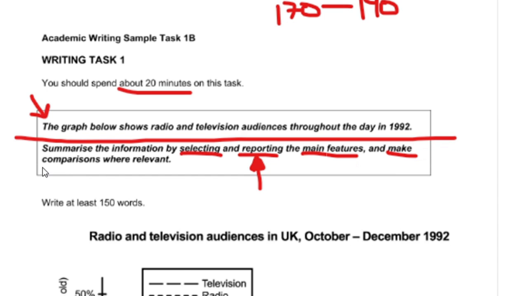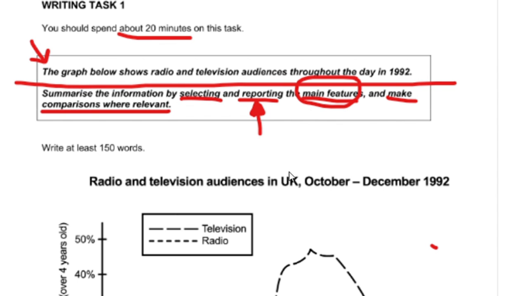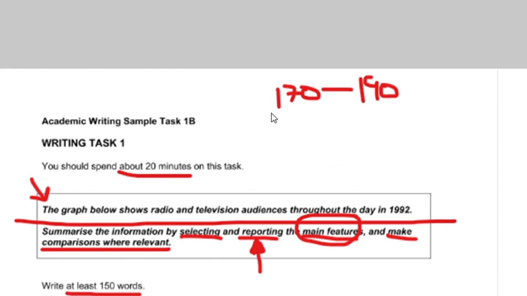Make comparisons where relevant. Again, you're not comparing everything, you're just making comparisons where that is relevant to the main features. So you won't compare everything, only the features that you choose to talk about. Write at least 150 words, but as I mentioned, your target is 170 to 190.